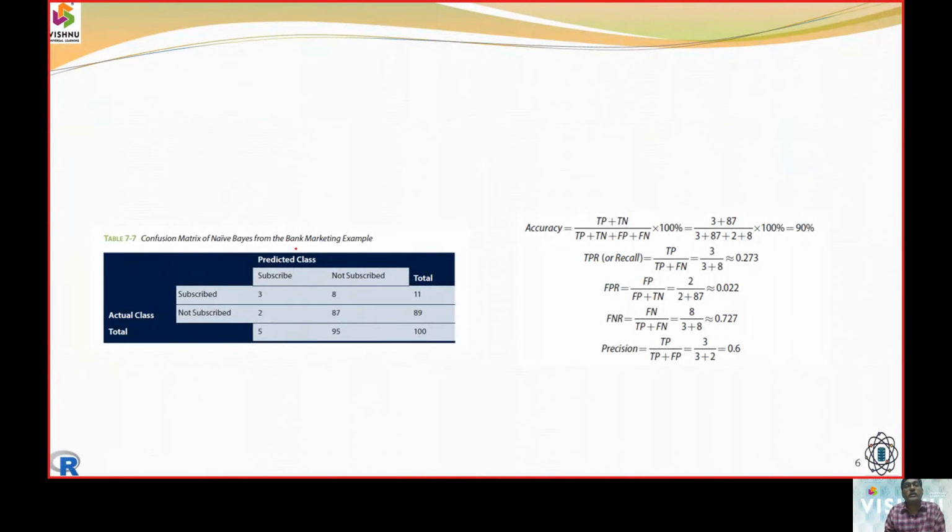Now let us take a bank example. They have done a campaign on whether a fixed deposit will be subscribed by the customers or not.